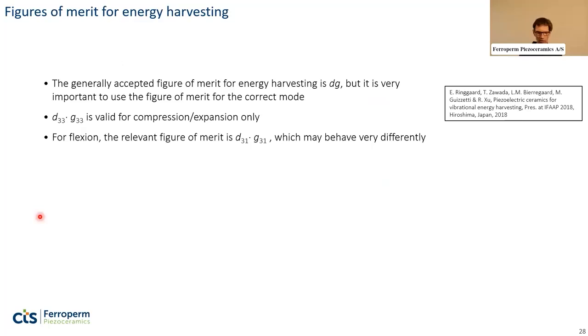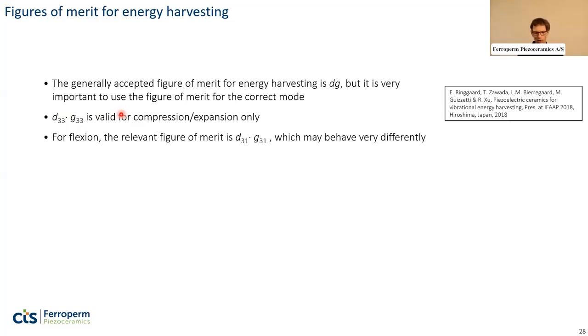I would like to mention that there are different figures of merit, and it's well known in the field that the figure of merit for energy harvesting is the d coefficient times the g coefficient. But sometimes this is used in an incorrect way, because what people generally find in tables of material properties is sometimes the d33 and the g33, and it's very important to notice that this is valid in the case of pure compression.